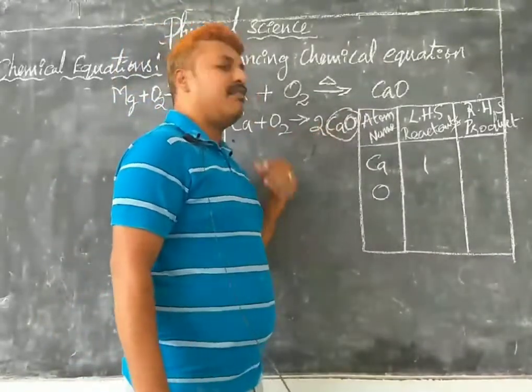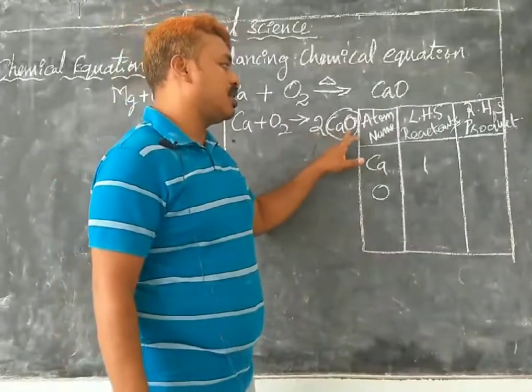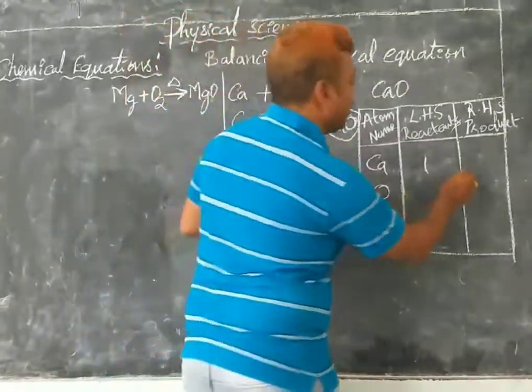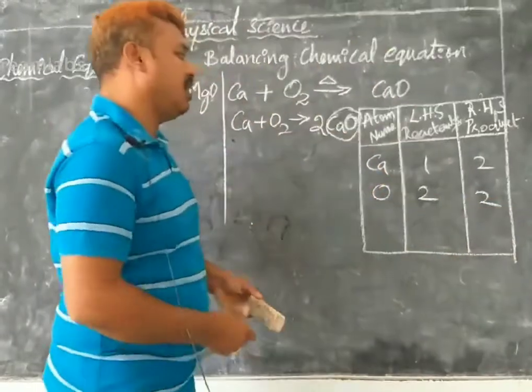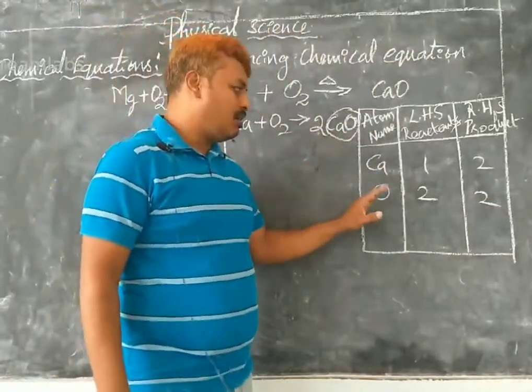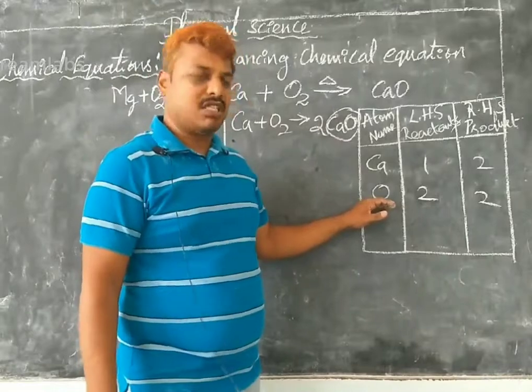So there are 2 calciums and 2 oxygens on the right hand side, and 2 oxygens on the left hand side also. Now I have done with oxygen.